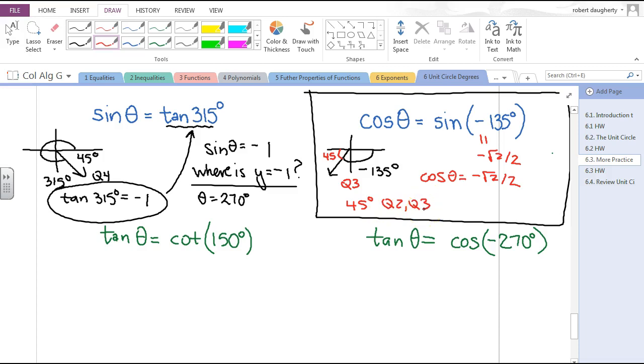What are those two angles? Yeah, 135 and 225. Those are the two angles that make that true. Okay? A couple more and we'll be done for the day.